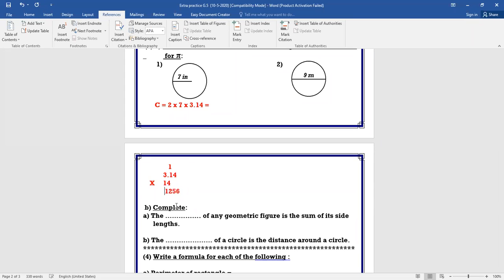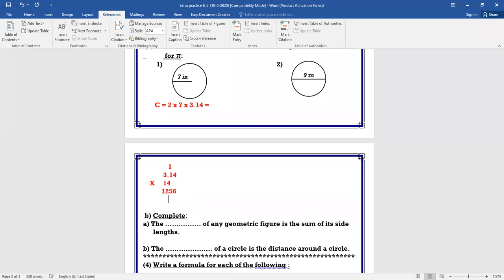After that, we put 0 down under the 6. Then 1 multiplied by 4 equals 4. 1 multiplied by 1 equals 1. 1 multiplied by 3 equals 3.